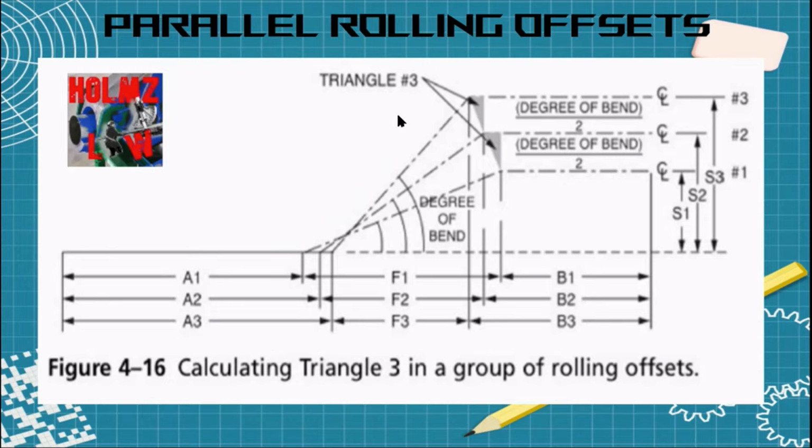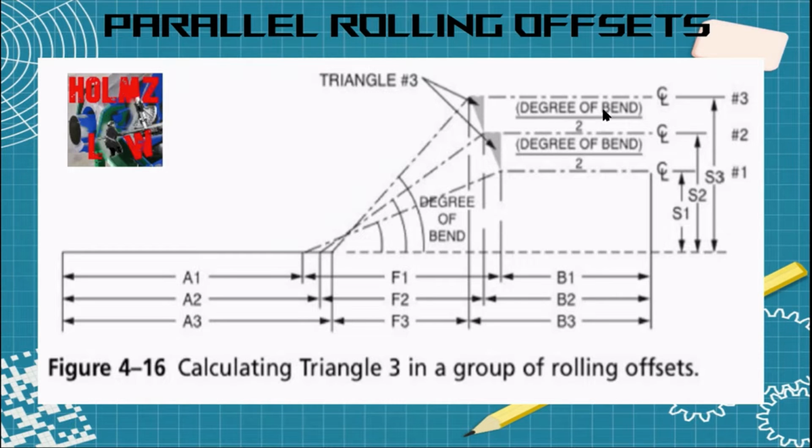Now, this picture here is basically showing you how we're going to get our parallel spacings in between each other. Whatever degree of bend you have for each individual one, you're going to do what you usually do for the advanced method to get parallel offsets.